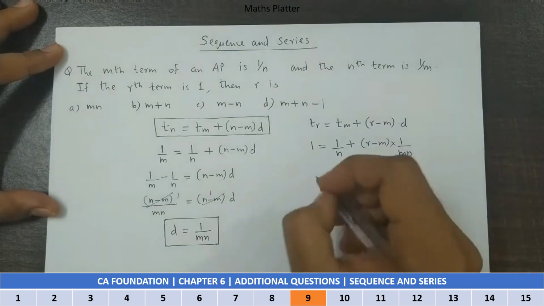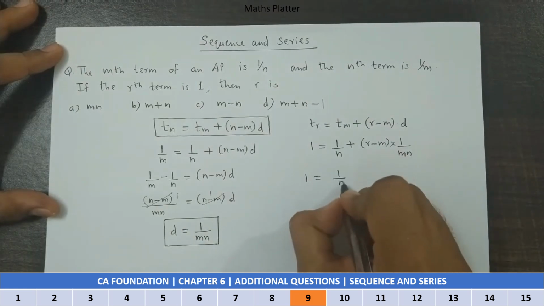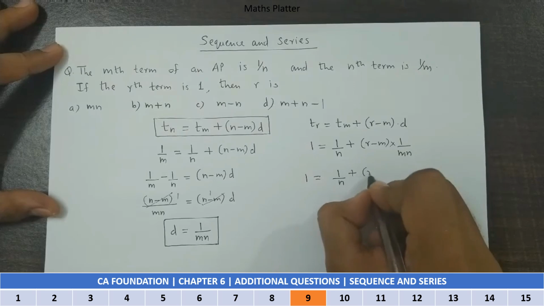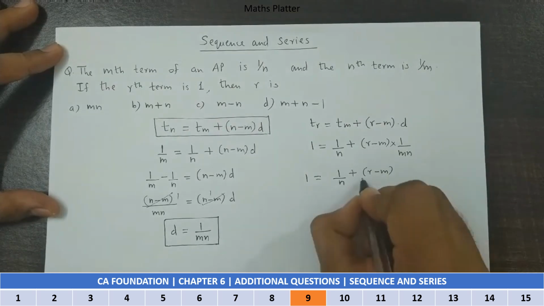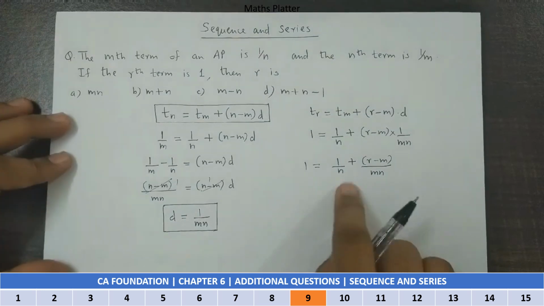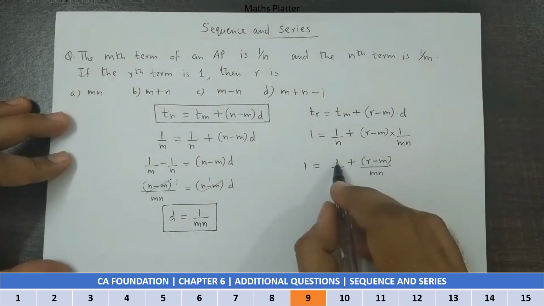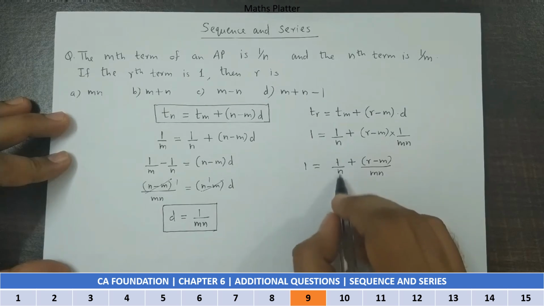Let us simplify the right hand side. So we have 1 upon n plus r minus m upon mn. Now if we equalize the denominators over here, we need mn here. So in the numerator and denominator, we multiply by m.